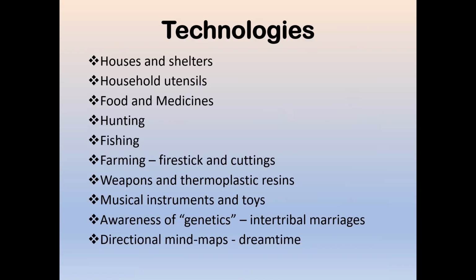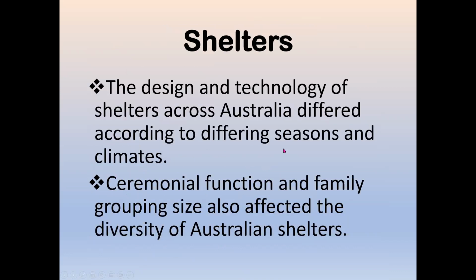Because they've been here so long, and they were very clever, they developed certain technologies: houses, shelters, household utensils, food, medicine, hunting ways, fishing, farming, weapons, musical instruments, toys, whatever. And this is what I want to go through. Their shelters were designed depending on where they lived and the seasons that they had.